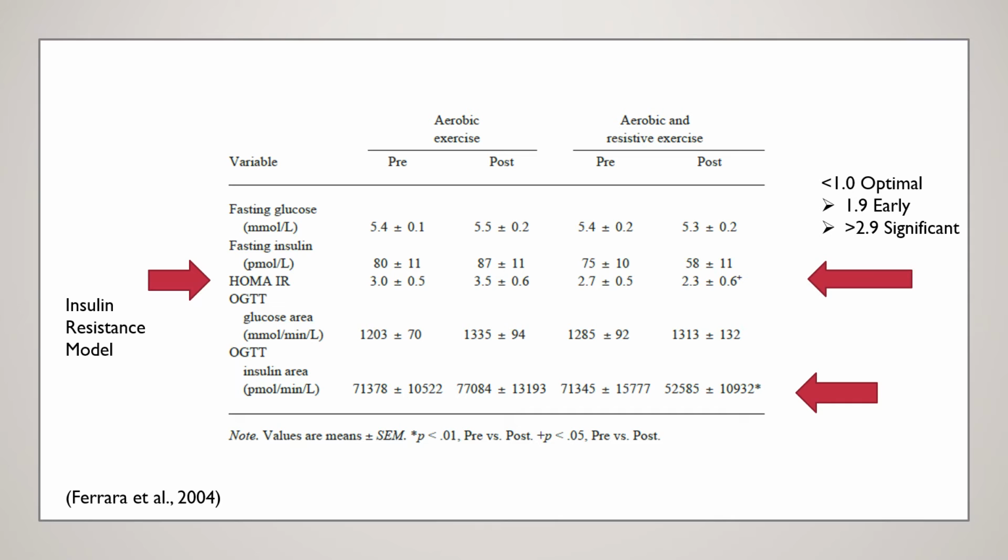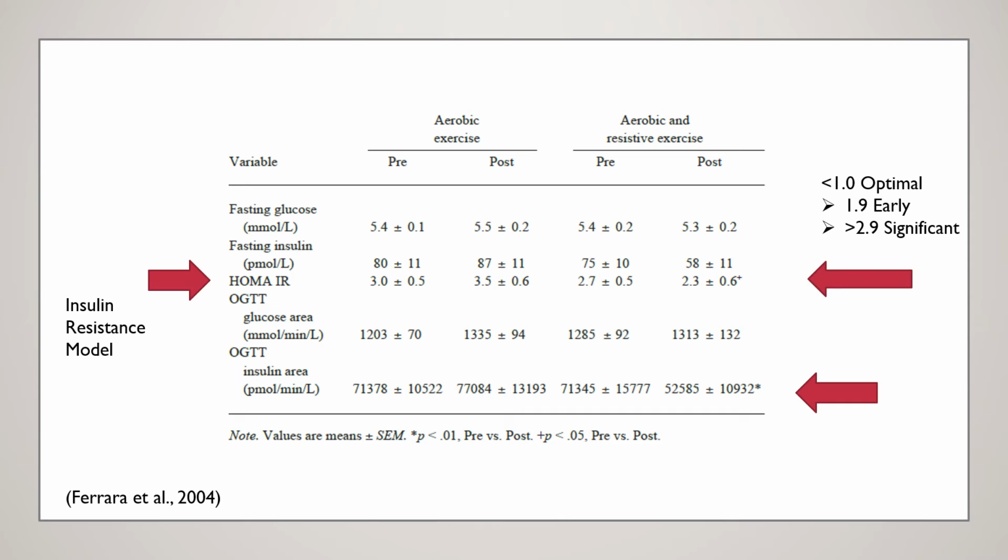So the aerobic folks didn't improve, it wasn't significant, but the aerobic and resistance exercise group actually had an improvement, or their insulin resistance improved, which is pretty interesting.